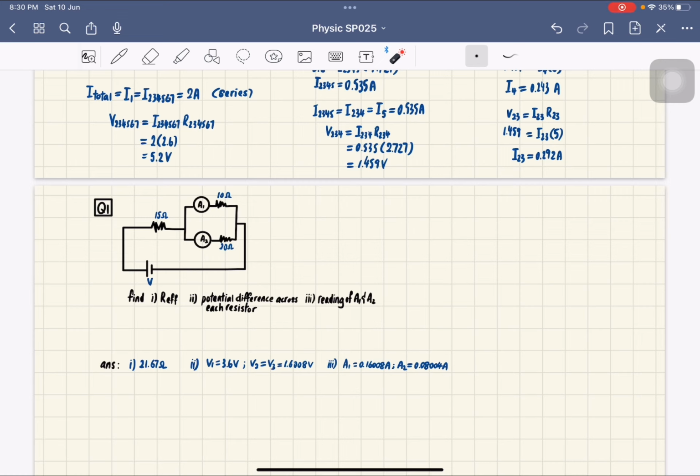Then after we combine both resistors, the 15 ohm resistor is arranged in series with the combined resistor. So we can use the relationship like I just taught to find the I effective.